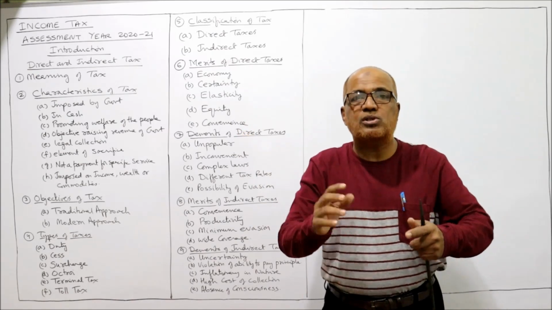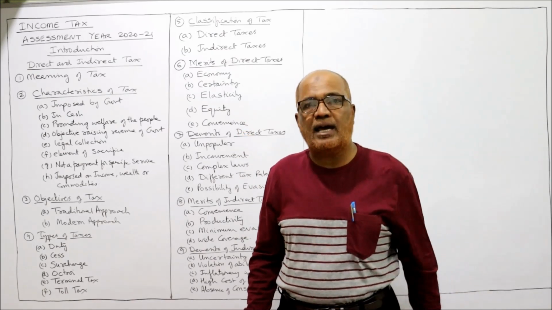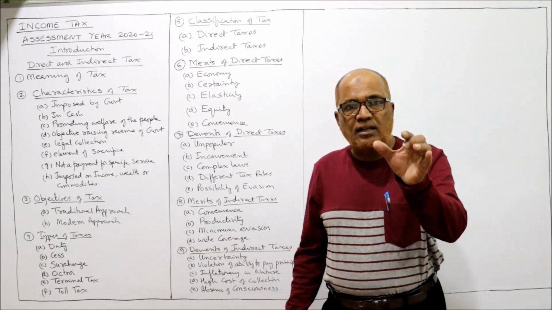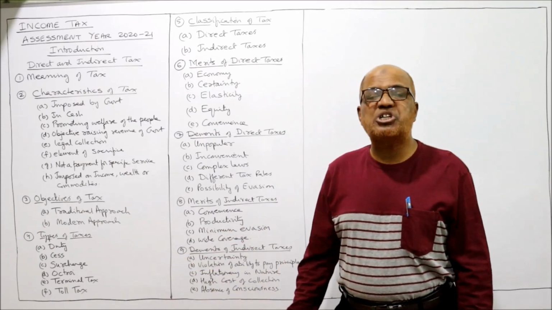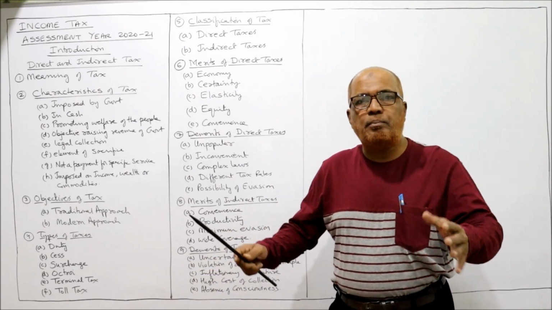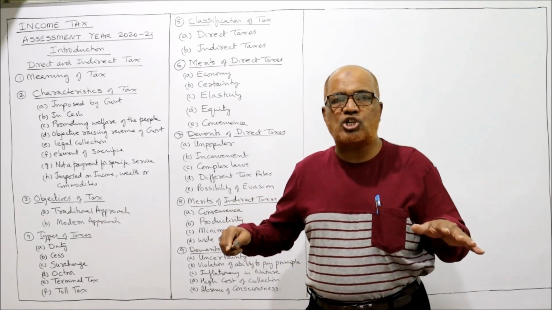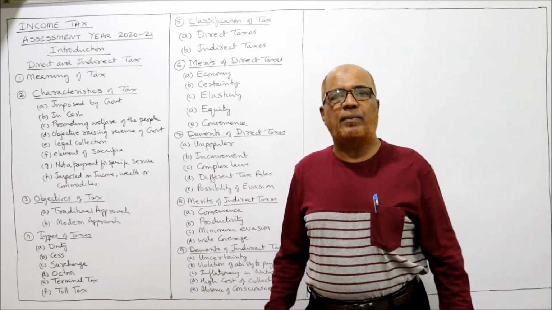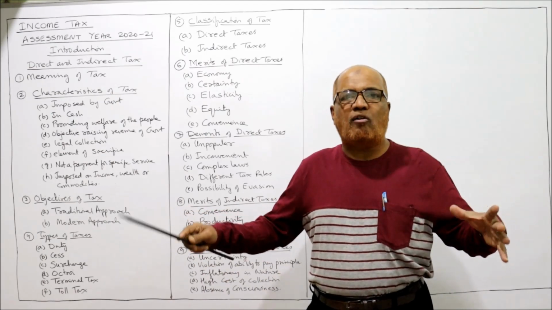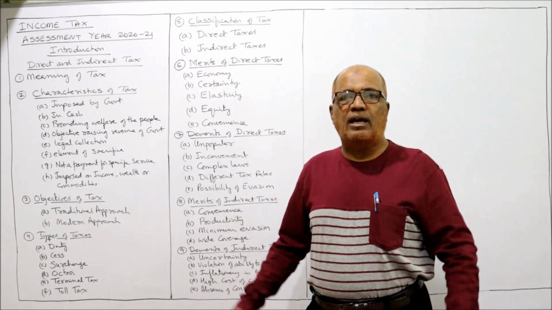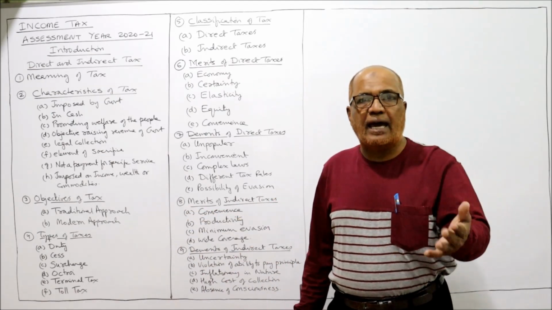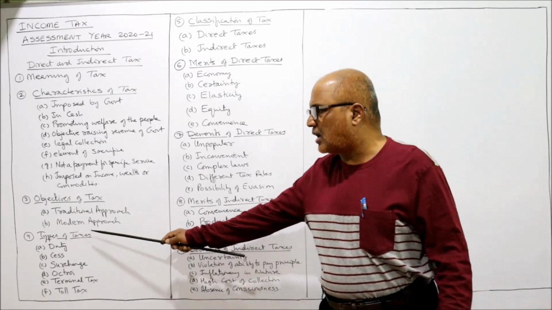The government will make use of taxes in order to promote the exports. So these are the modern objectives: not simply to raise the revenue for administration, but to accelerate the economic development, to remove unemployment, to remove poverty, to remove the regional imbalances, to promote the exports. So many objectives are there.